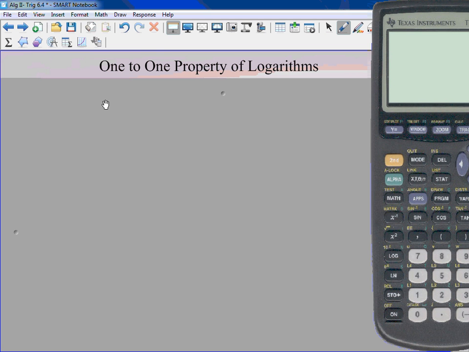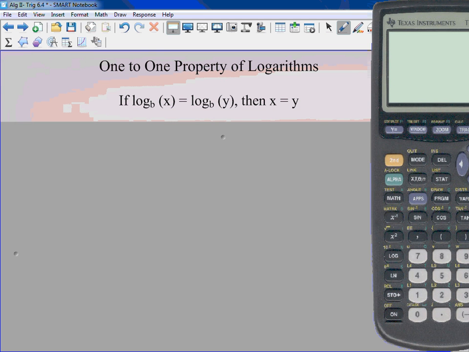One-to-one property. These are all properties. Remember the title of the lesson was Properties of Logarithms. Log base b of x, if it's equal to log base b of y, then x has to equal y.